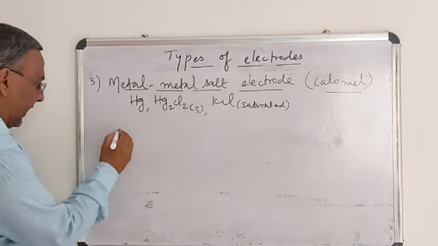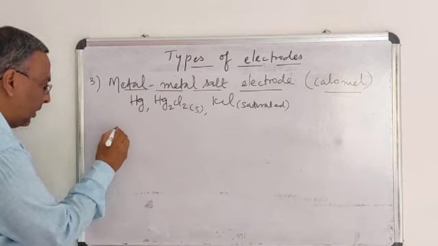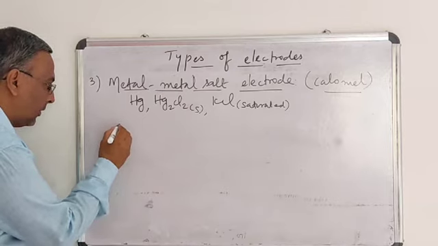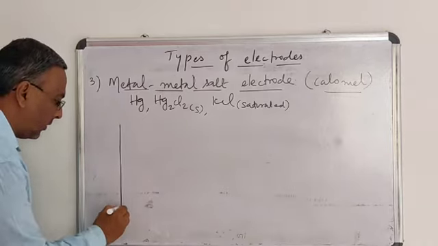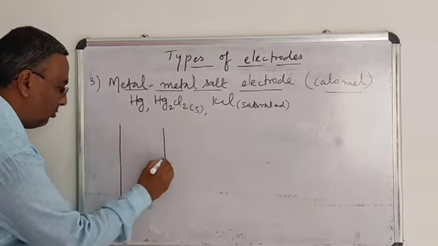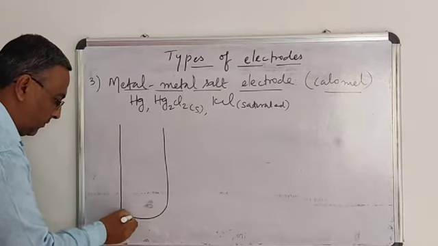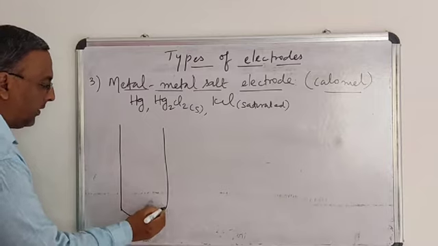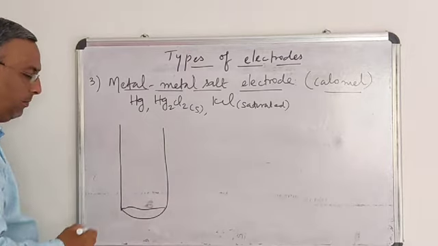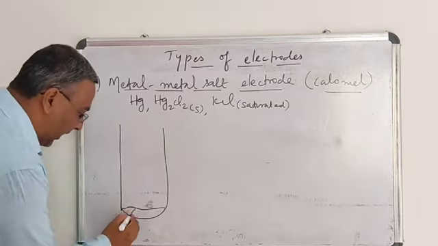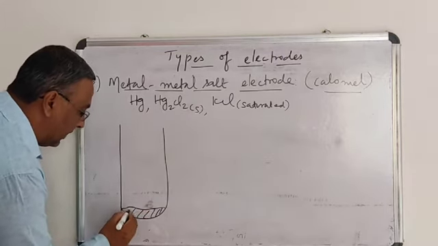Now I am drawing the diagram of the calomel electrode. Here, mercury of high purity is used.